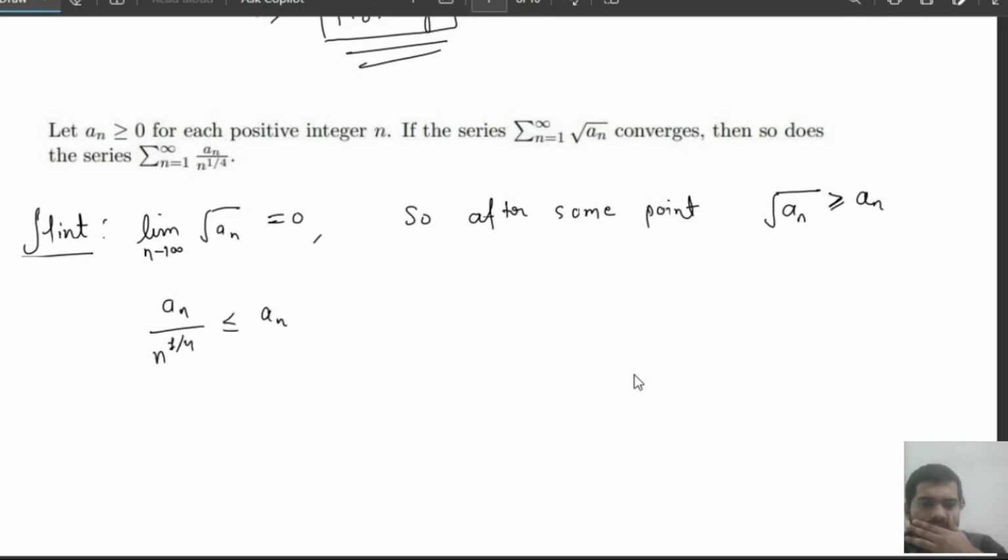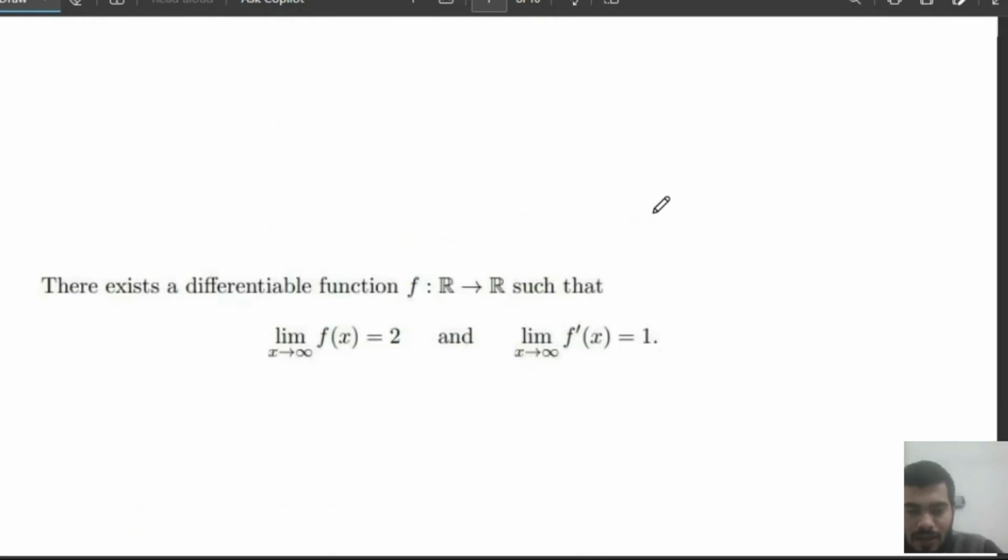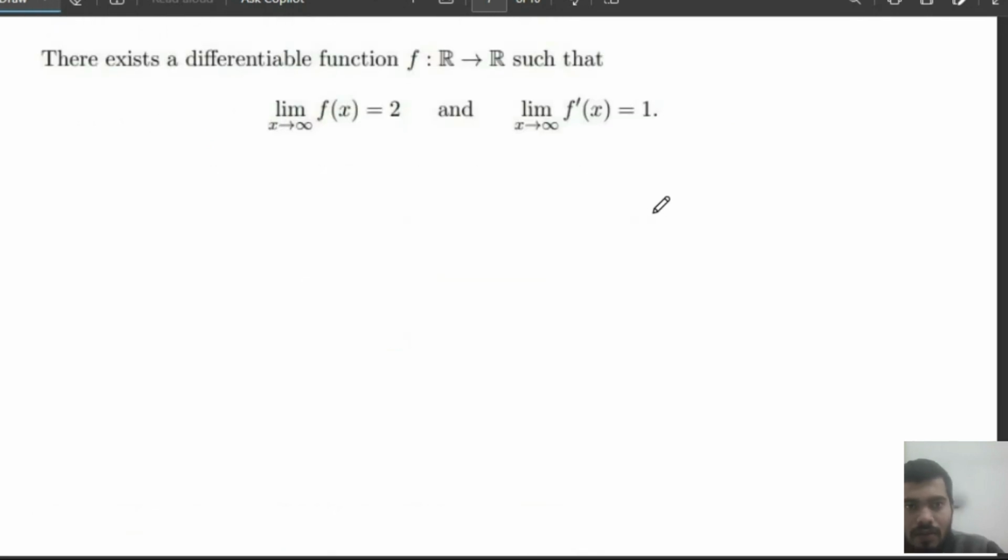Apply these two things with some modification or some writing, and you will get the answer. I'm leaving it to you, okay? If anybody has a doubt, you can ask later or in the end.